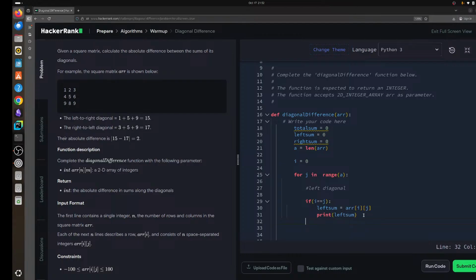I think now we think about the right diagonal.